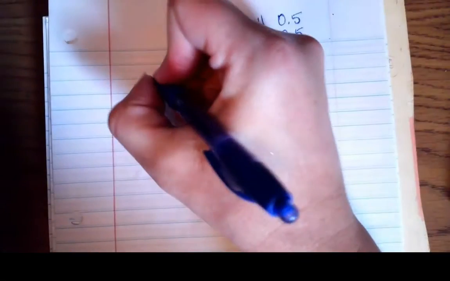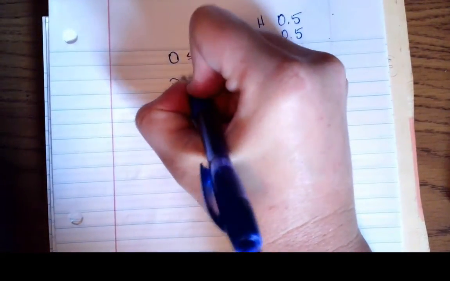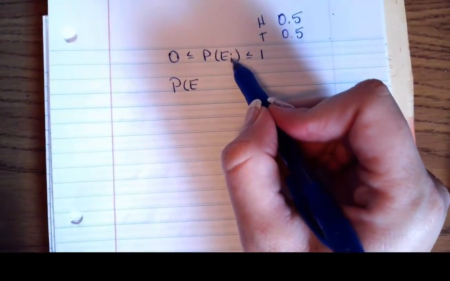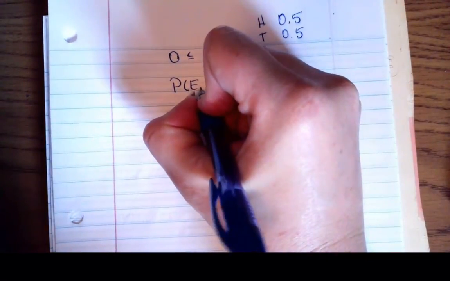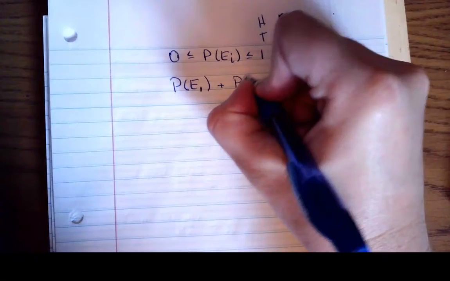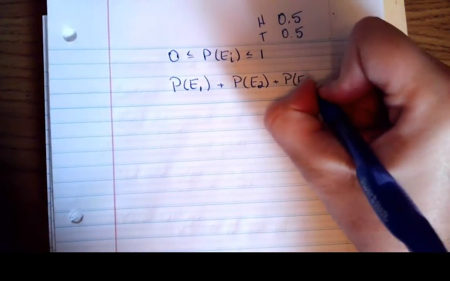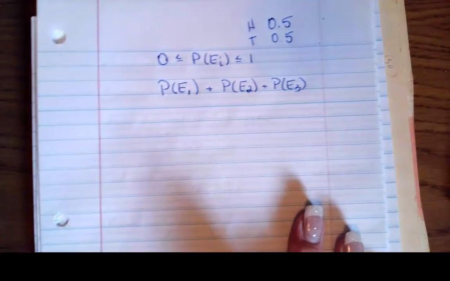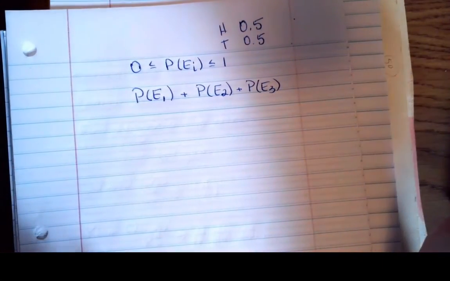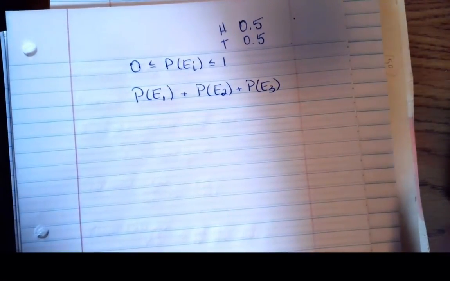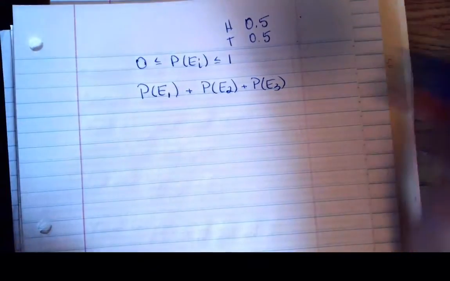The next thing is that all of the probabilities in your sample space added together need to add up to 1, or 100%. Now I'm going to take away this little i, and say the probability of event 1, the probability of event 2, the probability of event 3, and we don't even have to have 3 of them. So the probability of me eating chocolate is 100%. If you put chocolate in front of me, I will eat it.